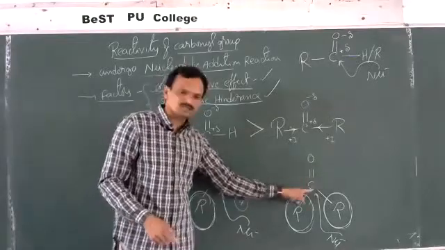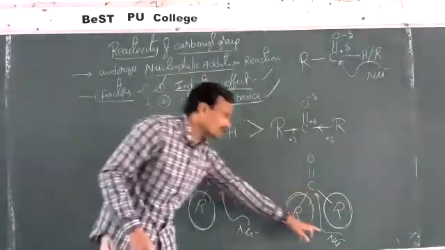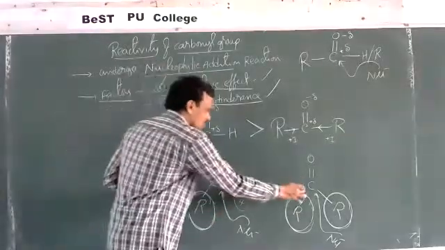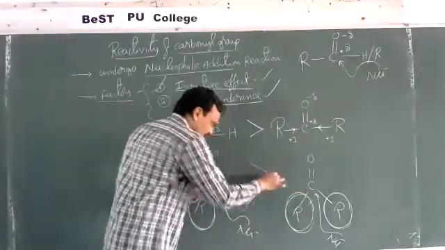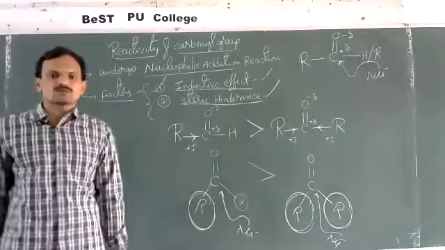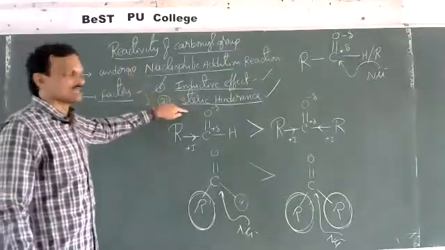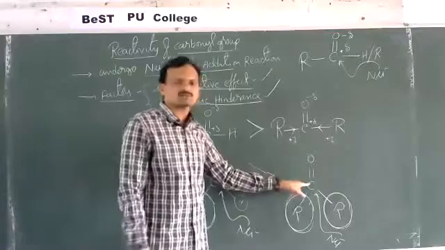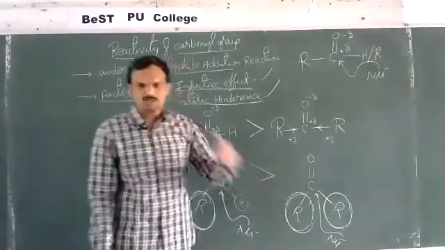Since steric hindrance is more, the nucleophile cannot attack this carbonyl carbon easily. That is, the reactivity of the carbonyl carbon is less compared to aldehydes. So with respect to both inductive effect and steric hindrance, the reactivity of aldehydes is more than the reactivity of ketones. Okay, and some examples are there.